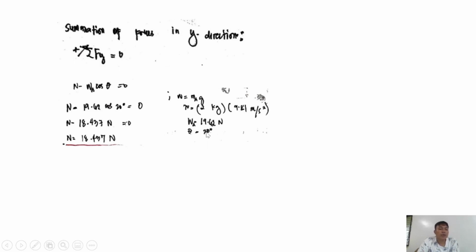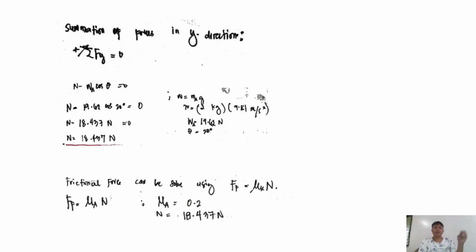So alpha is equal to 20 degree, and we have 18.437 Newton. So now our normal force N is 18.437 Newton.